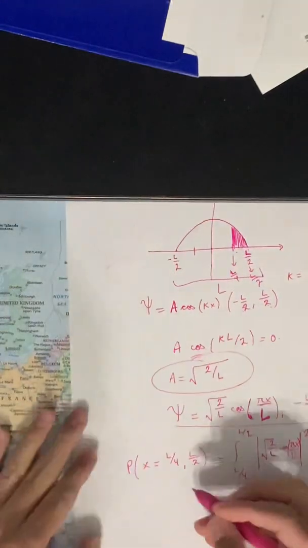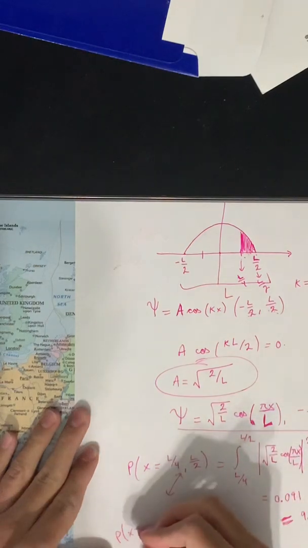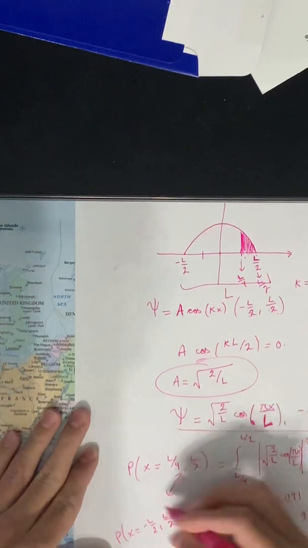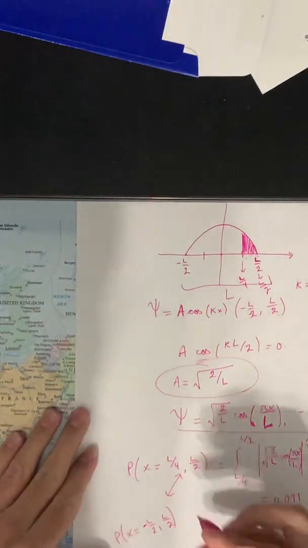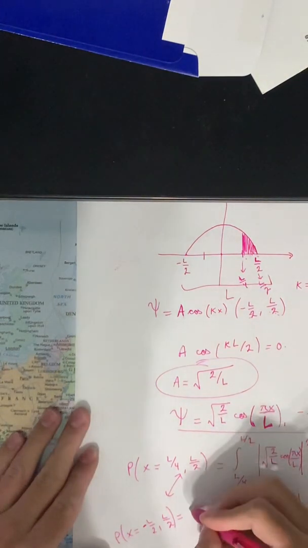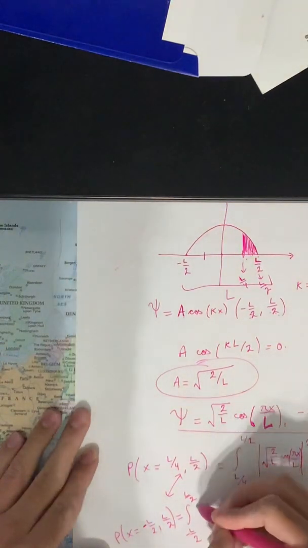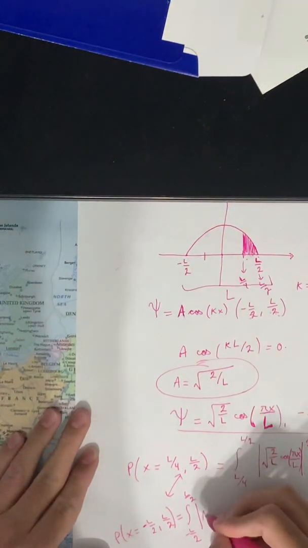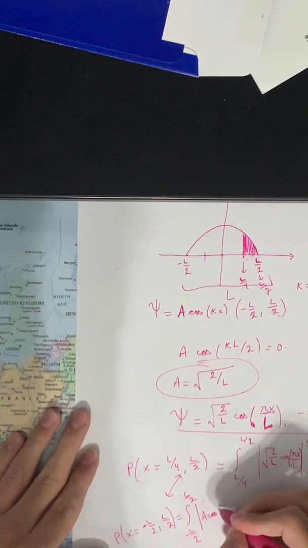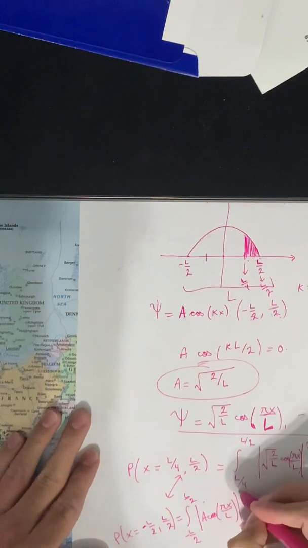And I didn't write this out, but I can write this out very briefly. We know that the probability from x equals negative L over 2 to positive L over 2, since it's in this tube L and it's not outside of it, has to be equal to, let's see, so it's negative L over 2, change the limits of integration, multiplied by, remember, we don't have this a value yet, so we would have written it as cosine of pi x over L squared dx.